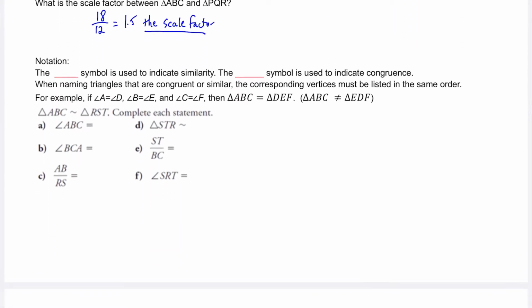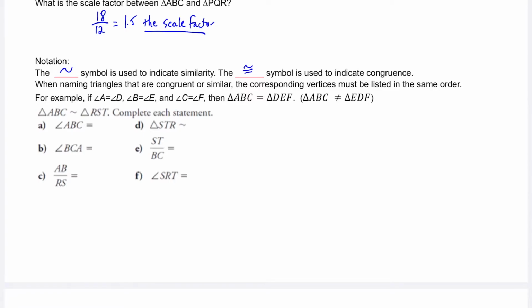Okay, just some notes about notation. This symbol right here, kind of a squiggly wave, is used to indicate similarity. The congruent symbol is used to indicate congruence, so it's an equal sign with that wave over top. When naming triangles that are congruent or similar, the corresponding vertices must be listed in the same order.